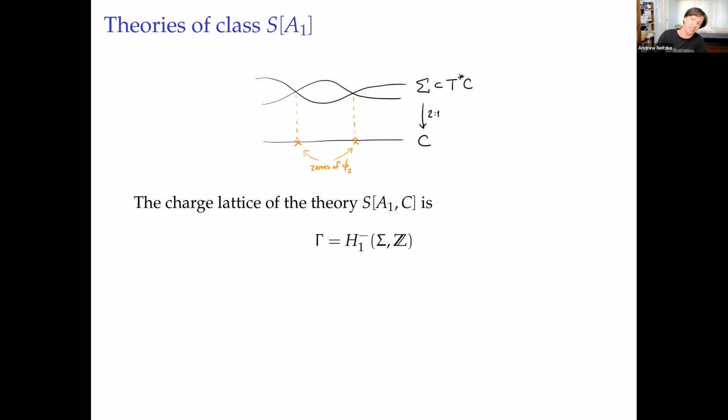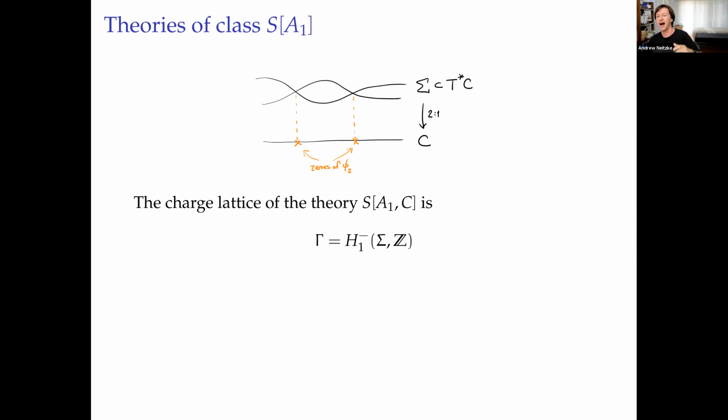So I told you what's the Coulomb branch. Now we were supposed to have this local system of lattices. So what are the lattices going to be? Once I pick a point in the Coulomb branch, I have a particular double cover here, and then the lattice is just going to be the first homology of this double cover, the spectral curve.